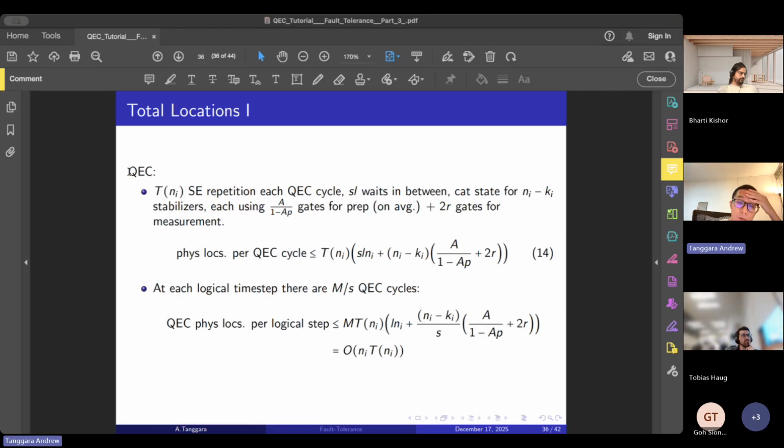Here what we want is to count the number of physical locations for QECs.